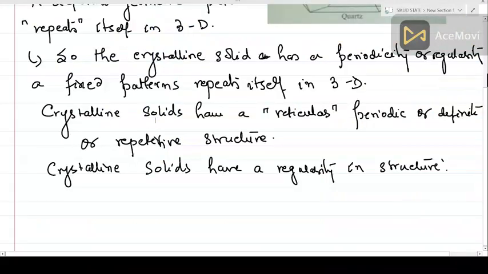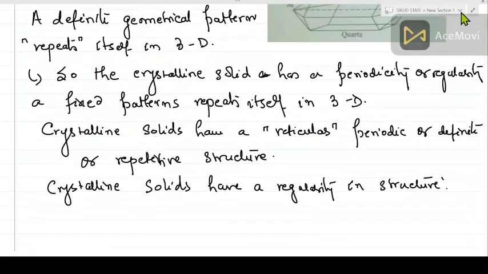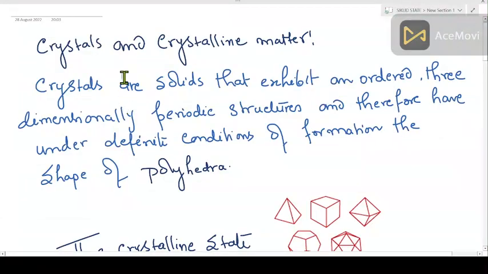So let us start our discussion today. From where we left, we will study today the crystals and the crystalline matter. From a very preliminary level, you know what a crystal is. Even at school level we study crystalline solids and non-crystalline solids, amorphous solids, crystalline solids, and allotropy of carbon, among which we study the diamond structure.